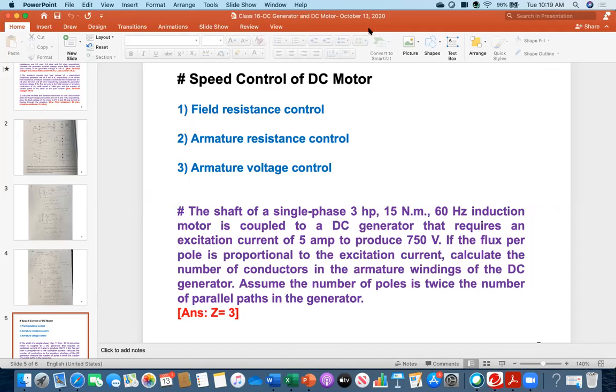So for a minute, I am taking you to that board. Everybody remember the equation we are looking at, in case of the motor, the back voltage.